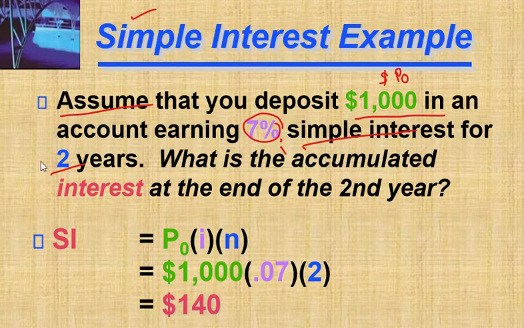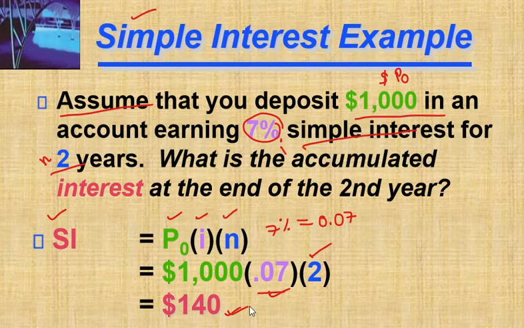This is N. The formula for simple interest is P0 into I into N. So I is 7%, we are writing 0.07. And 2 is the number of years. This is the percentage converted into decimals. So 1400 is what? 1400 is only interest. Simple interest.